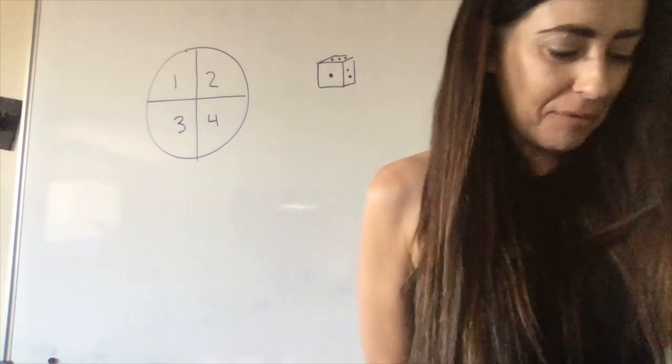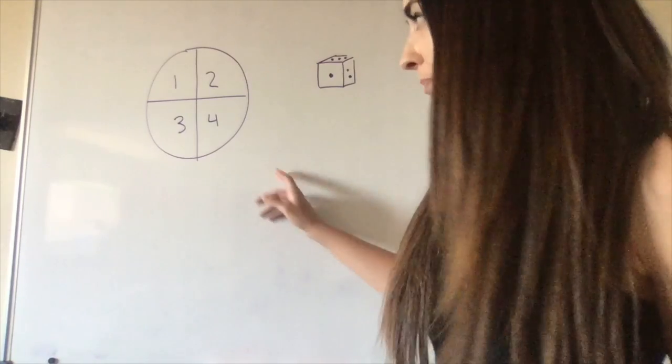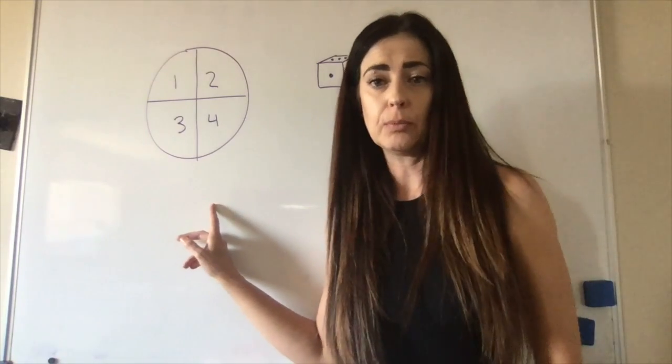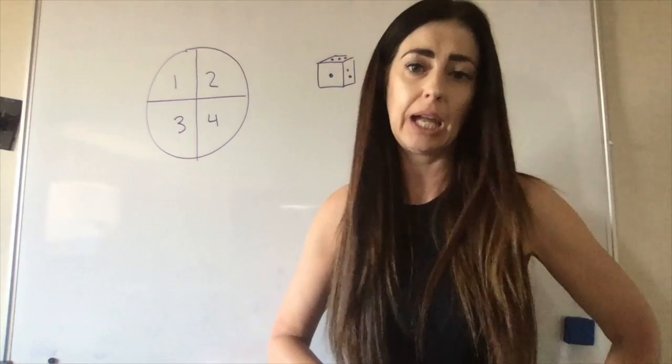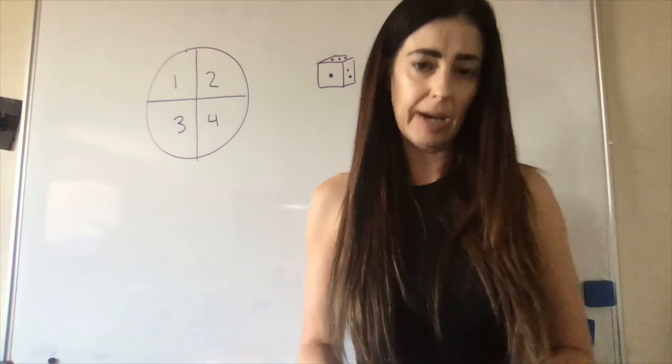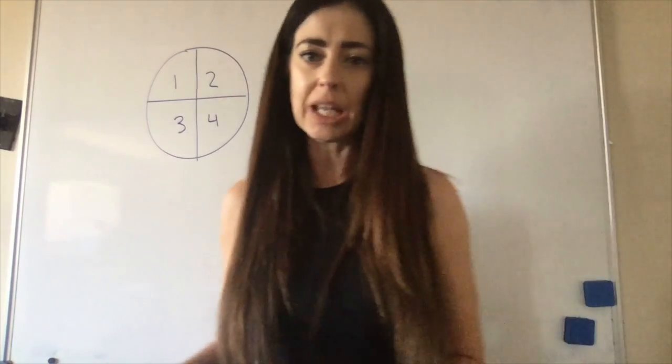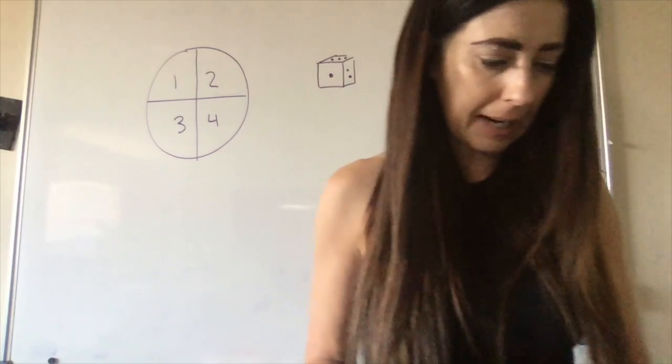So first, let's talk about the game spinner. Think back to your days when you played Chutes and Ladders with your parents or Candyland, and you would spin and get a number and then move your little guy.